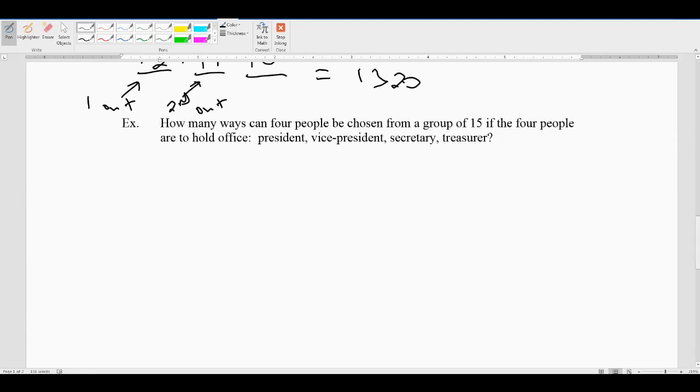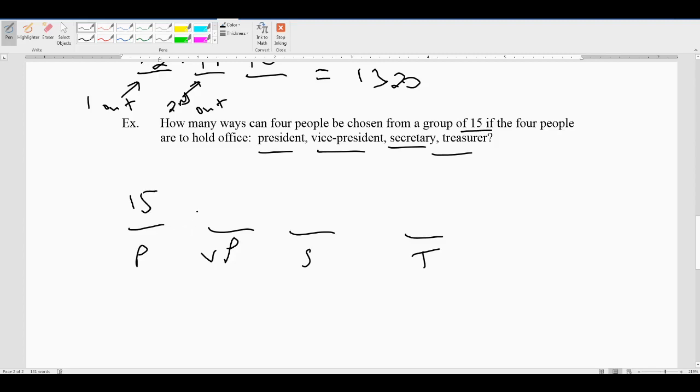So watch this one. We got 4 offices: president, vice president, secretary, treasurer. 1, 2, 3, 4. We need a president, a vice president, a secretary, and a treasurer. We got 15 people total. And one person can't be all 4, or have more than one office. So, how many people do we have to be president? 15. Once you have a president, how many remain? 14 remain to be vice president.